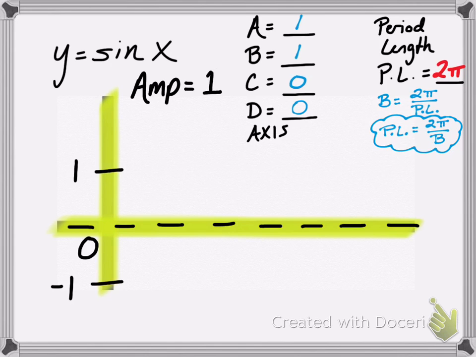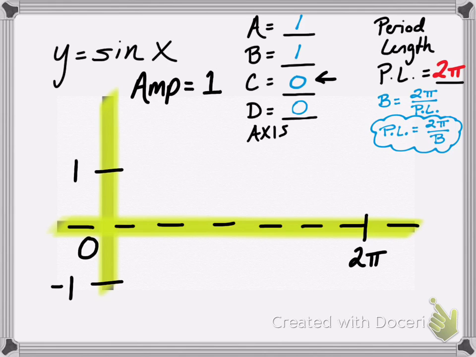And then the last thing that I do is I take into account C. C is the left and right, which means I don't go left or right any. And then I add to that the period length, which is 2 pi. And then I mark 2 pi on the axis.